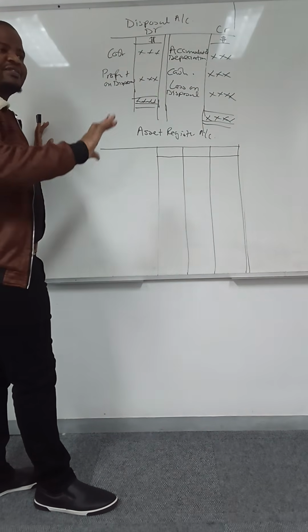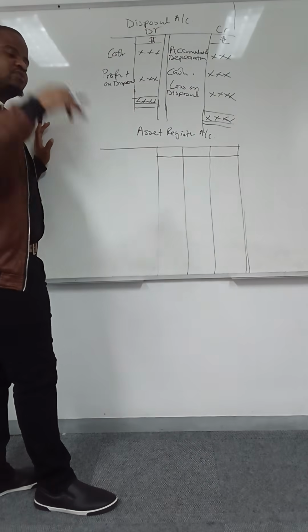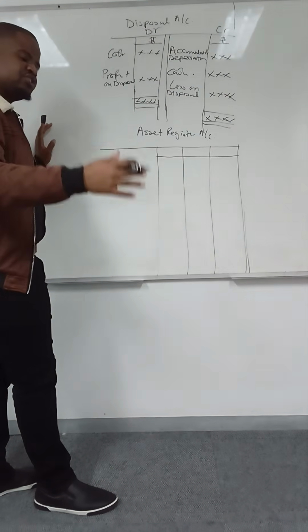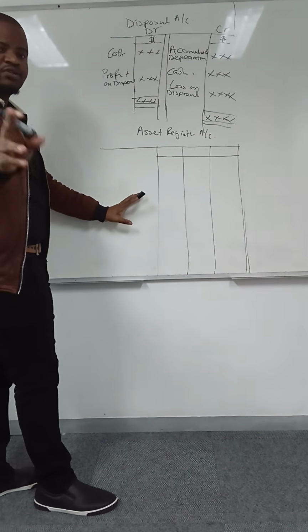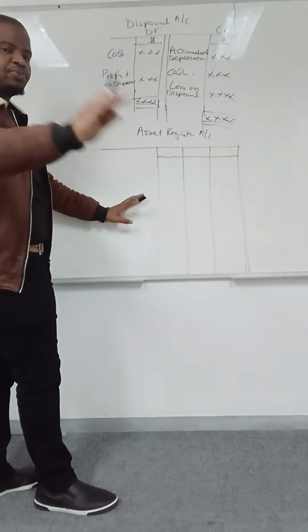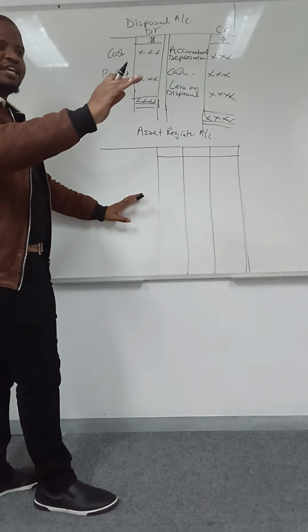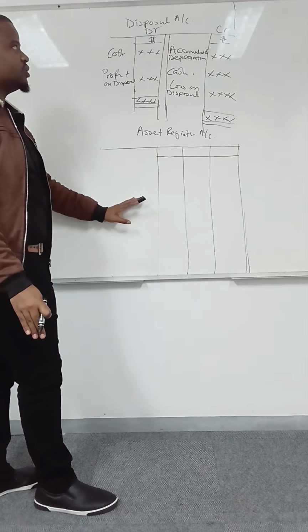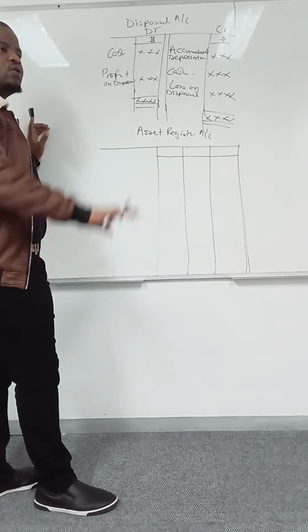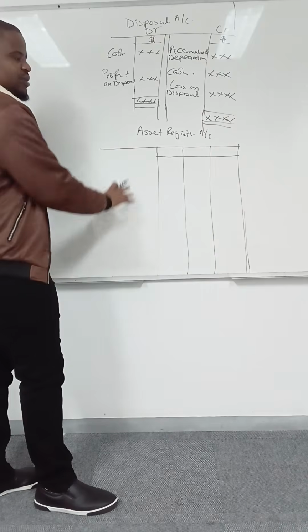Now we are summarizing everything, each and every account, from asset, from provision, up until the disposal account. So the asset register is there to summarize the asset account, the provision for depreciation account, and lastly the disposal account. So the summary, we can get it from the asset register.